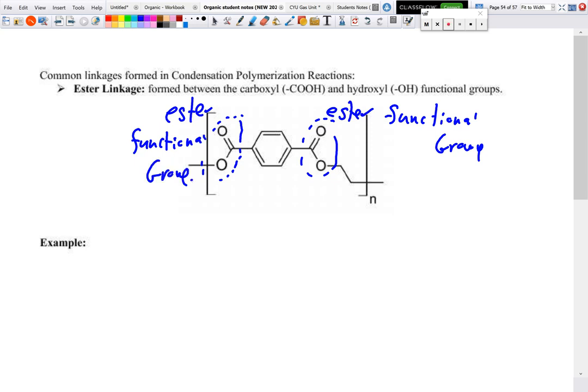So this tells us that we needed to link them together, where right here this is our carboxylic acid, and on the end right here must have been an alcohol, to form this ester linkage.